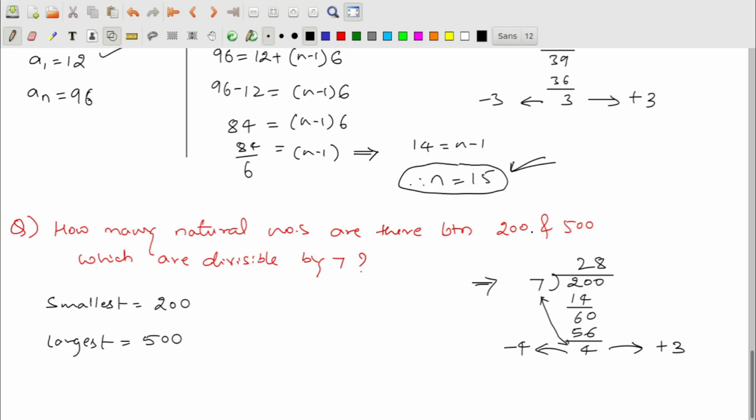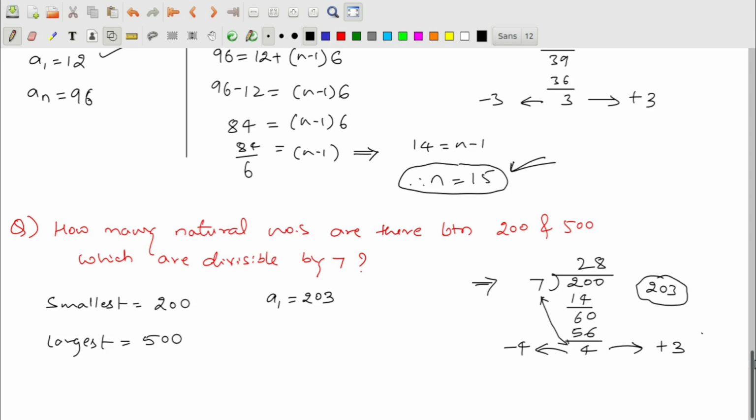We need a number between 200 and 500, so you can't make this minus 4. So add 3 to 200, and you will get 203. So we got the smallest number between 200 and 500 which is divisible by 7, that is 203. We can take it as the first term of the AP.